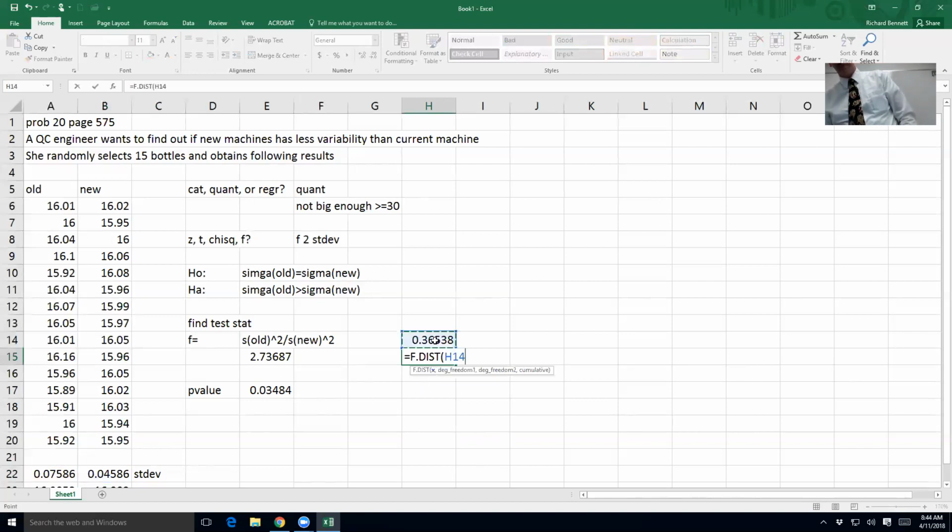And of course, I would have to swap my degrees of freedom, but luckily they were equal, so it didn't matter. Okay, comma 14, comma 14. Otherwise, I'd swap those. And let's see, hopefully we get 0.034. Oh, I got it. Is it true or false? True. How about that? So you could do it either way.